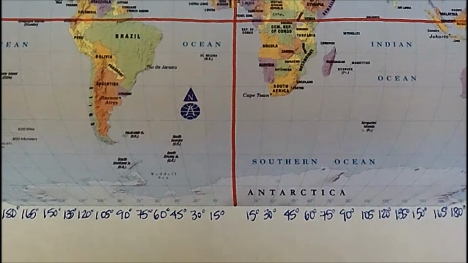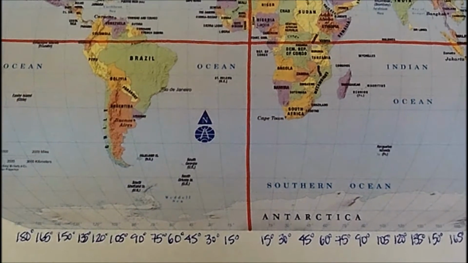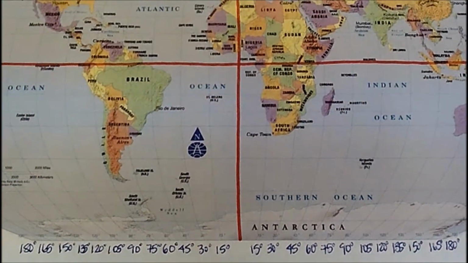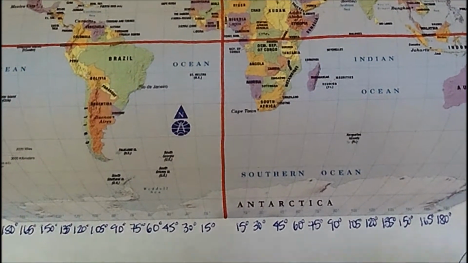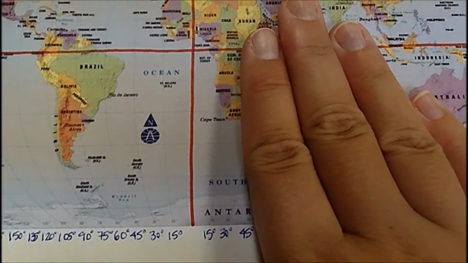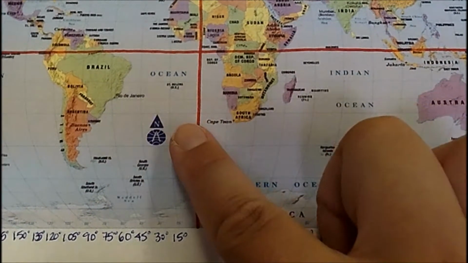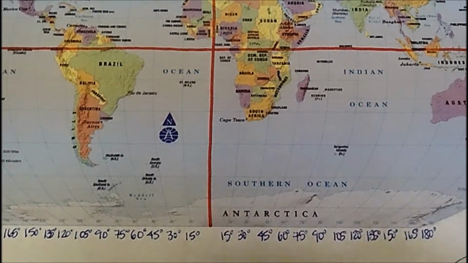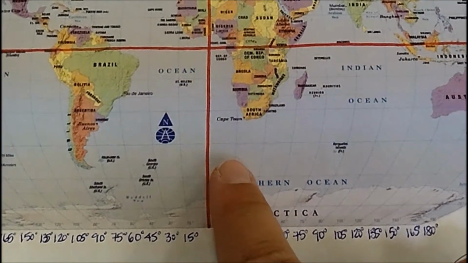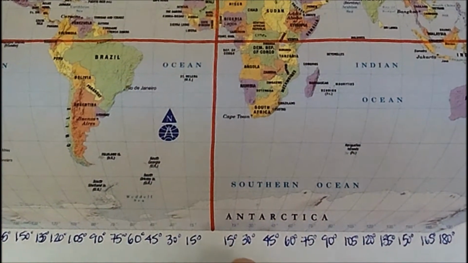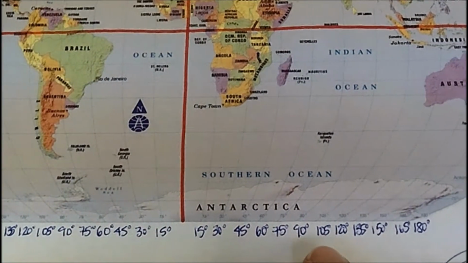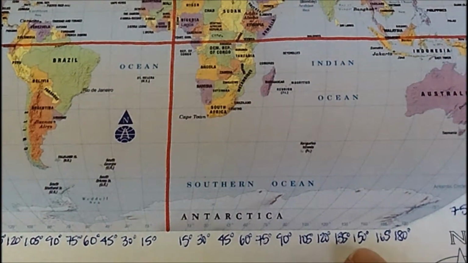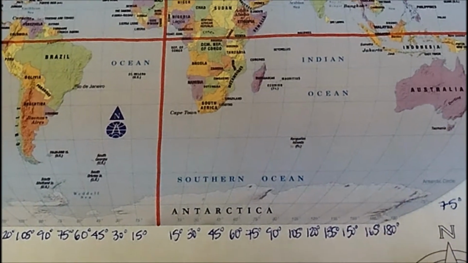If you were asked to find the line of 105 degrees east, the label of the line tells you that it would be in the eastern hemisphere, or east of the prime meridian. First, you need to find the prime meridian, and then look at the labels on each of the lines east of the prime meridian. On this map, they are labeled every 15 degrees.